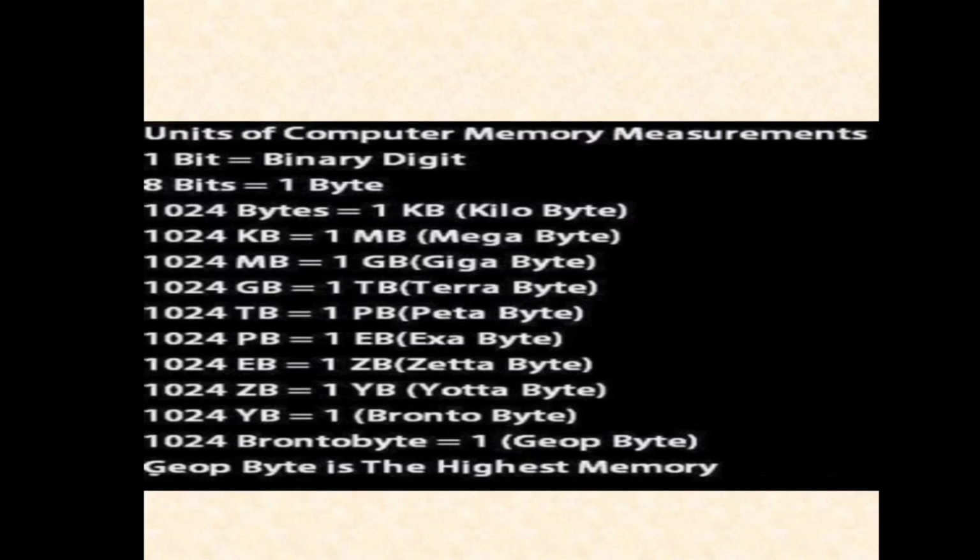Then finally 1024 brontobytes will be equal to 1 geopbyte. It is the highest memory unit. For now, beyond this there is nothing. 1 geopbyte is the highest unit of memory and 1 bit is the smallest unit.